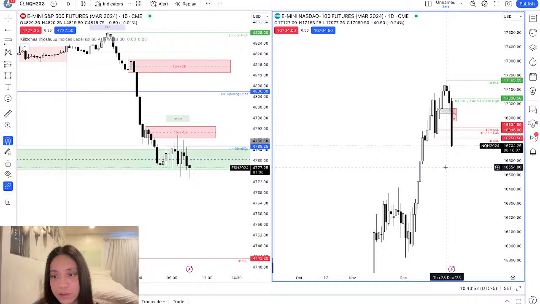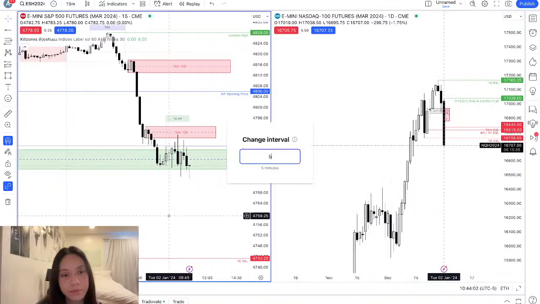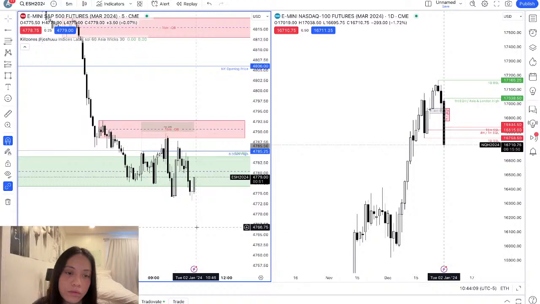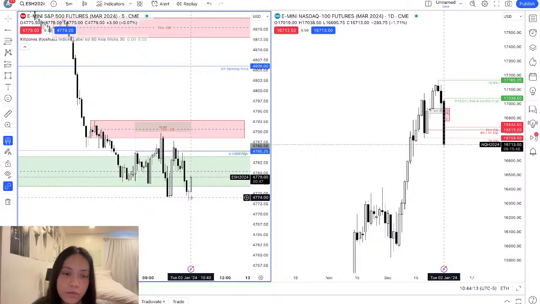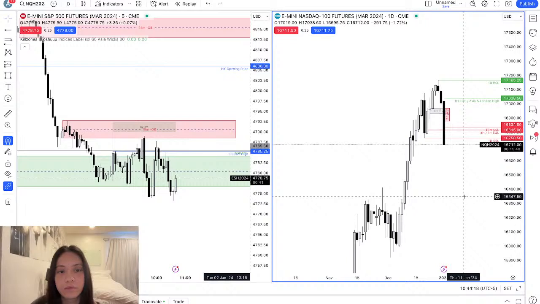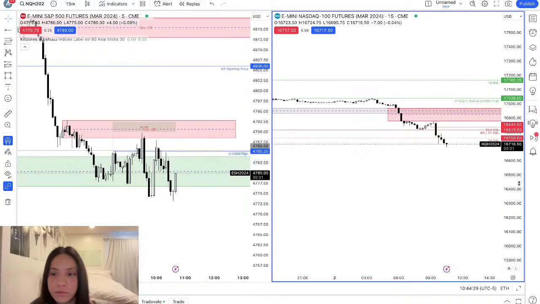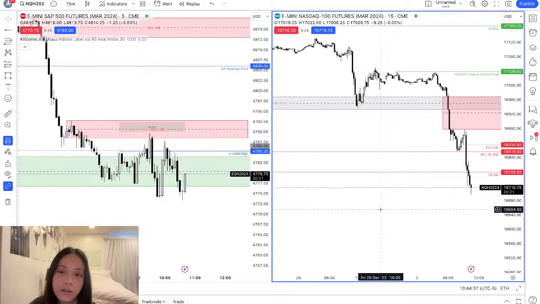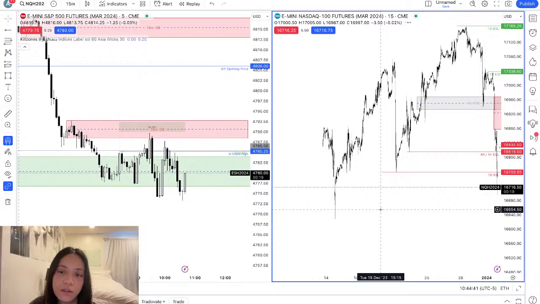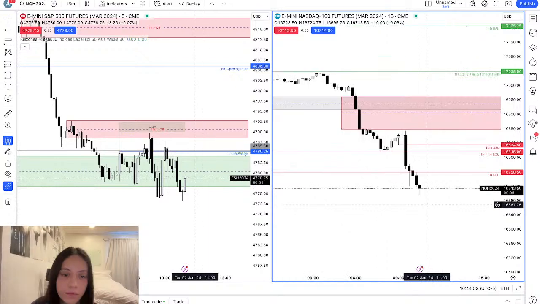There's a lot down here. So actually it looks a lot nicer on NQ.